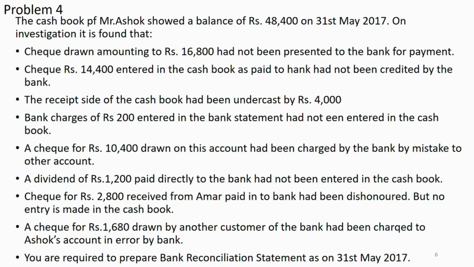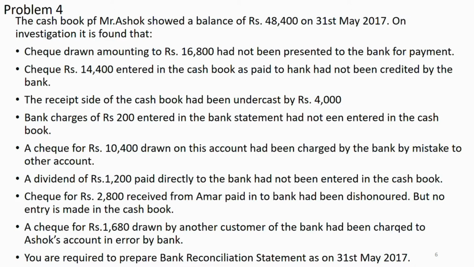So if the reason quoted results in an increase in the cash book balance compared to the passbook, we will deduct it. If the reason given results in a decrease in the cash book balance when compared to the passbook, we will add it. Now let us see the effect of the transactions given here.